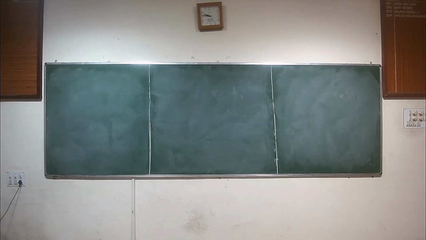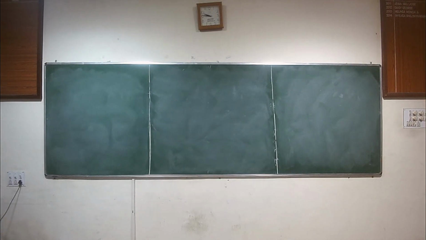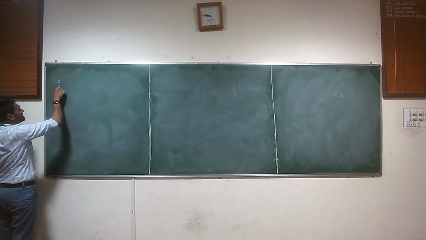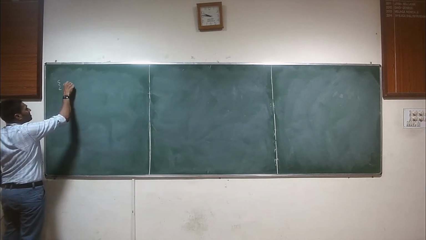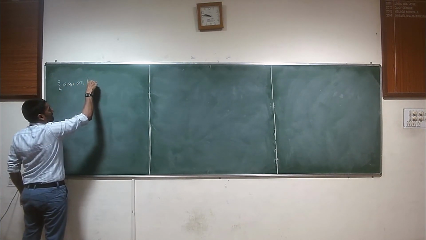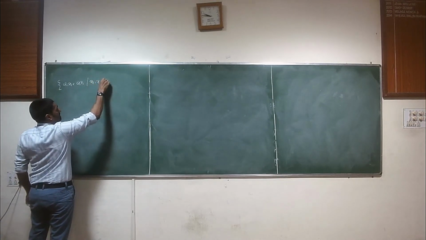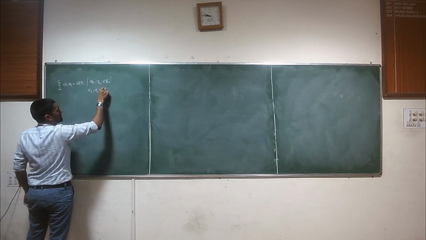Okay, let's talk about the first problem, which is essentially a question on finding out whether or not the different sets that are given to you are vector spaces or not. The first one is a set like this: a1 x1 plus a2 x2, where x1, x2 are real numbers, and a1, a2 are some fixed real numbers.